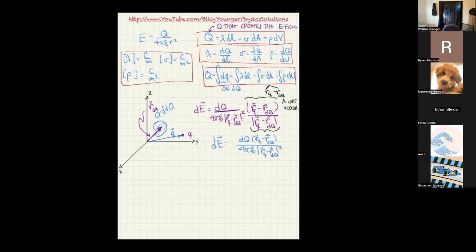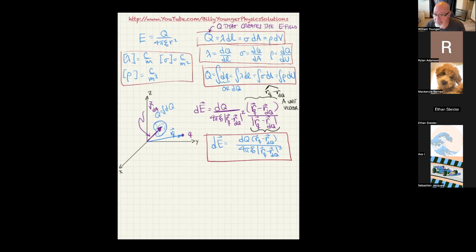Now it has to be cubed because it was already squared, but I had to add a third one down there to make it a unit vector. So that's our final answer. That's the fundamental equation for calculating the electric field due to a charge distribution.